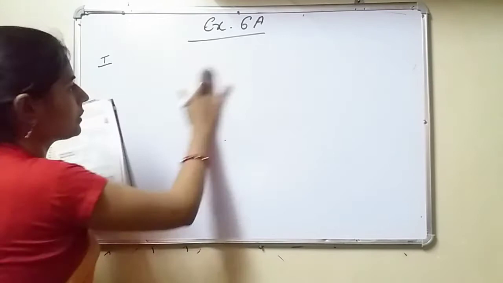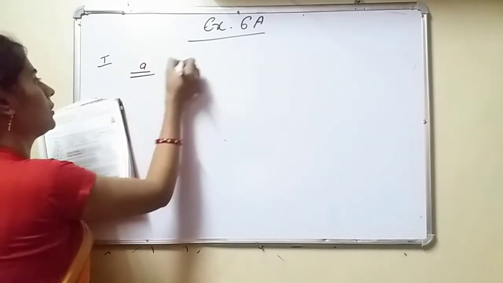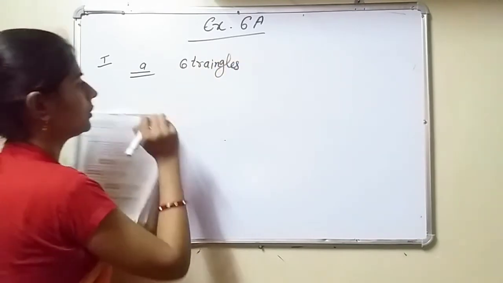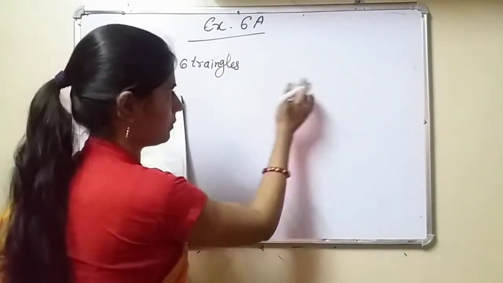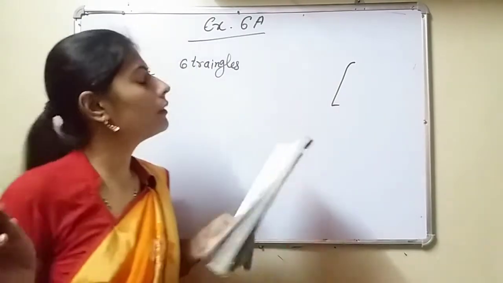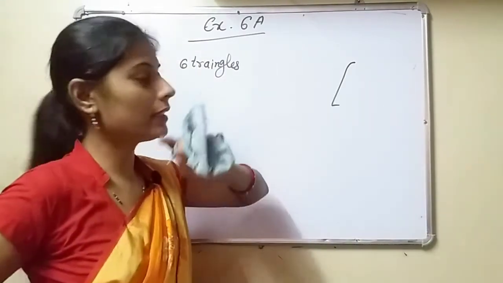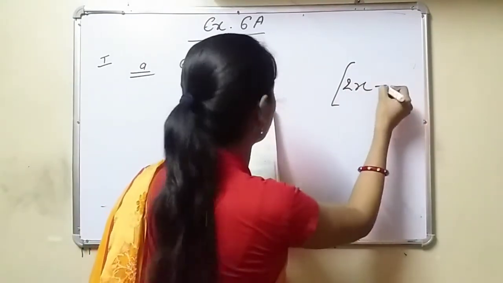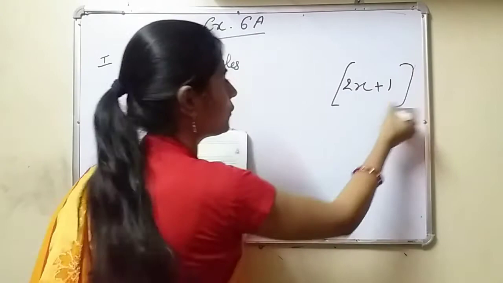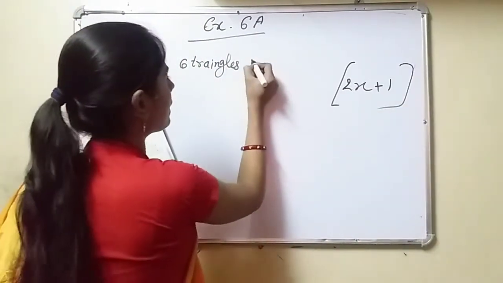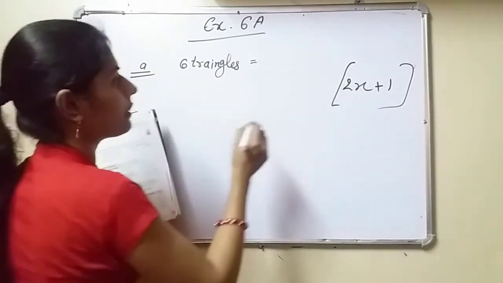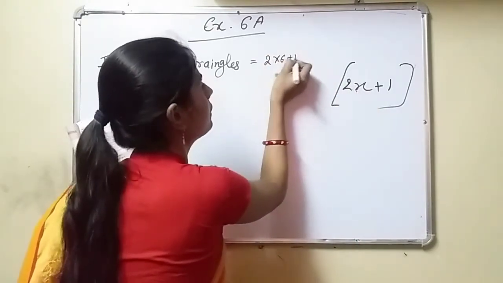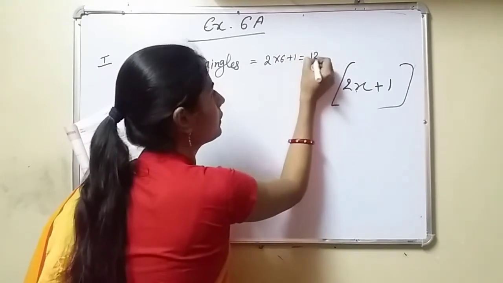For finding the number of matchsticks in triangles, you have one formula here, that is 2x plus 1. This formula you have to remember. For 6 triangles, in place of x what do you have to put? 6. 2 into 6 plus 1, that is 12 plus 1, 13.